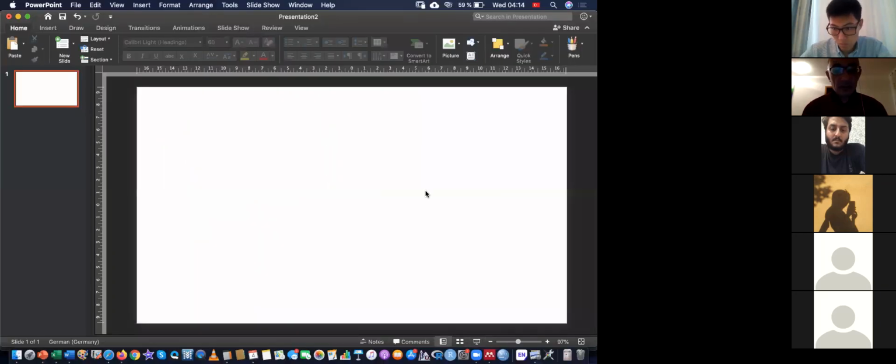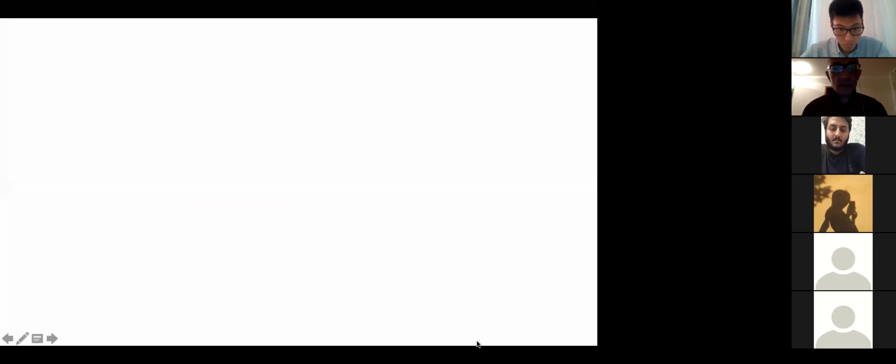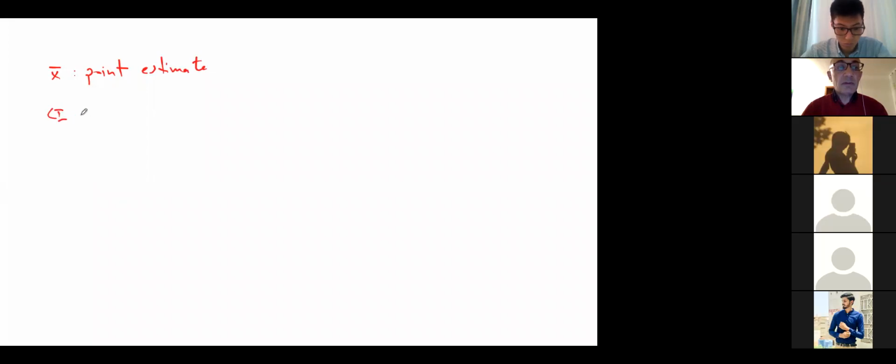And sorry, we also discussed, of course, the confidence intervals. And this was the mean. The mean was a point estimate. We have also interval estimate, which is the confidence interval.